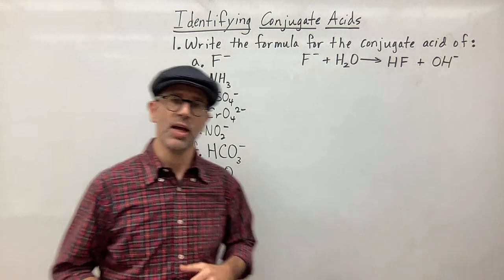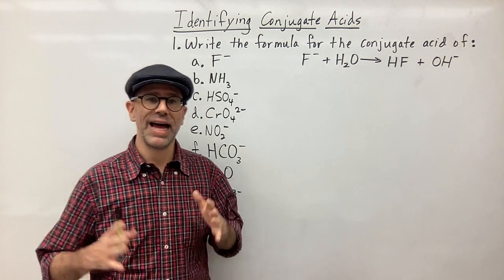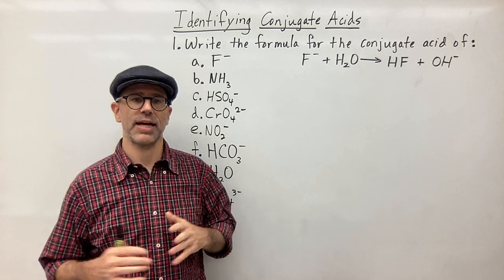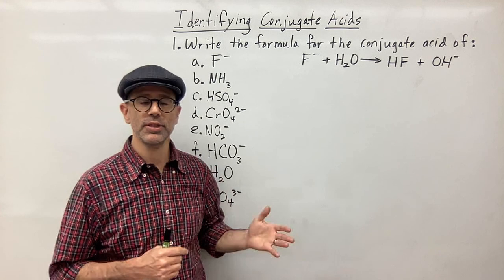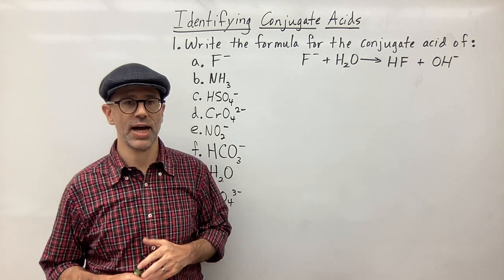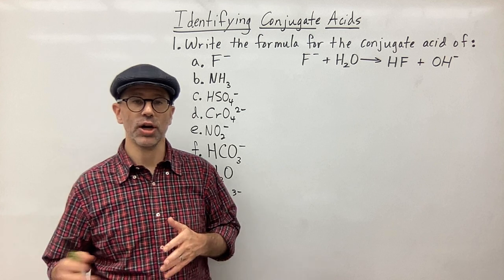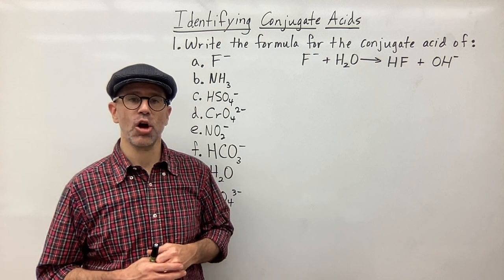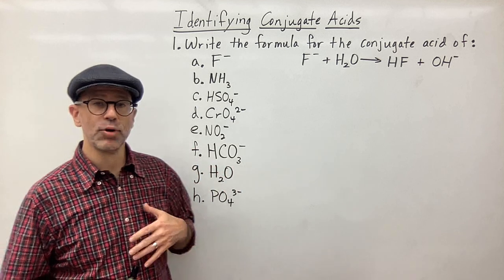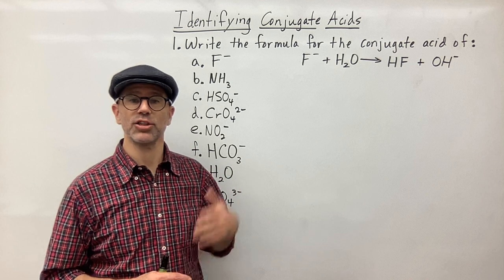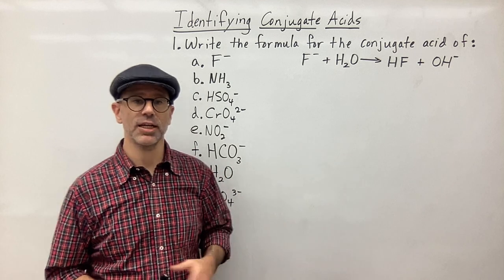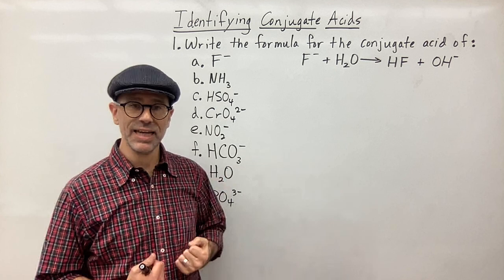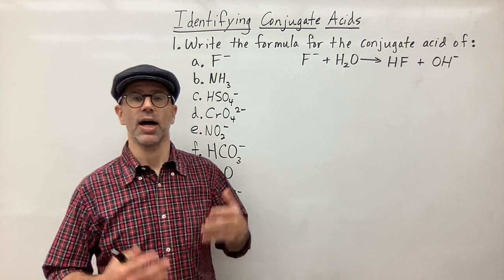Sorry about that. If you remember the Bronsted-Lowry definition of acid and base, it has to do with being a proton acceptor or a proton donor. And remember, what we mean by a proton is H plus. If you are a proton donor, you're going to be a Bronsted-Lowry acid. If you're a proton acceptor, you're going to be a Bronsted-Lowry base.